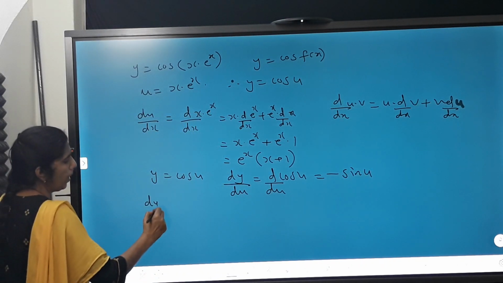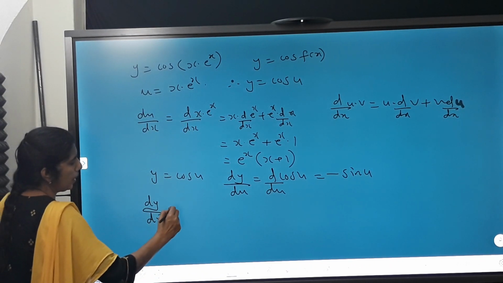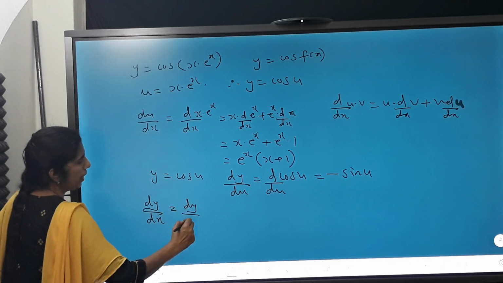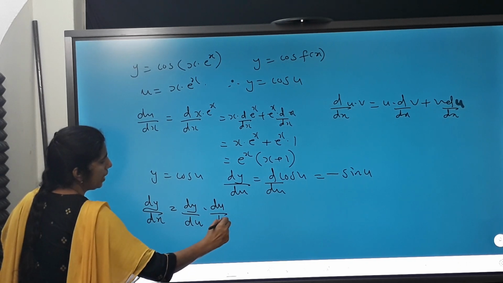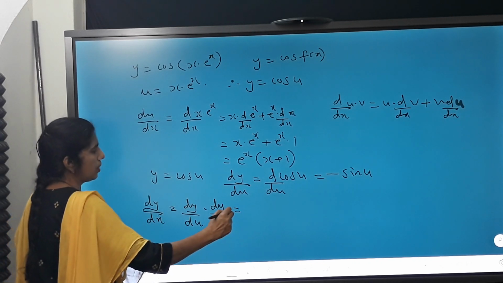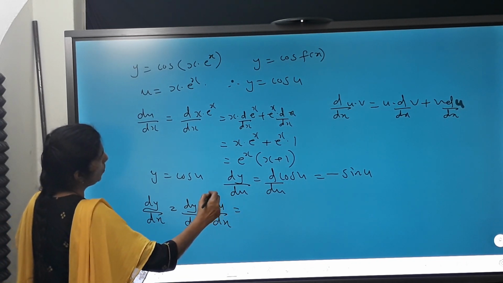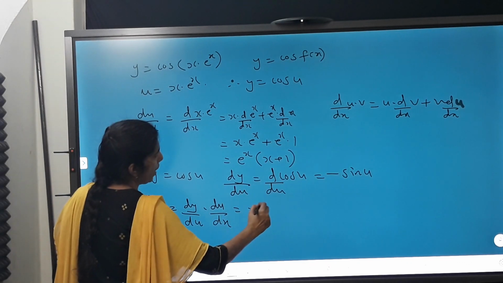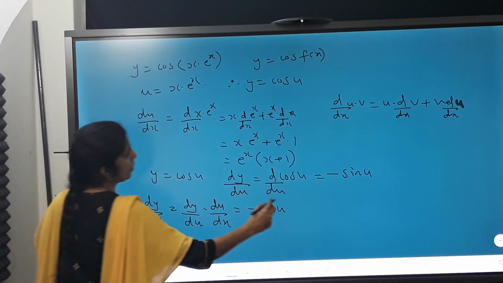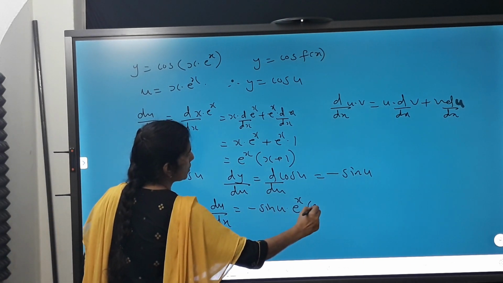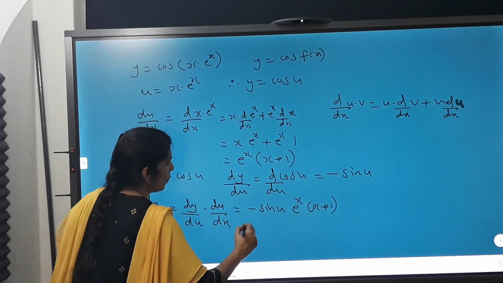So dy by dx equal to dy by du into du by dx. That is, dy by du is equal to minus sin u, and du by dx equal to e raised to x into x plus 1.